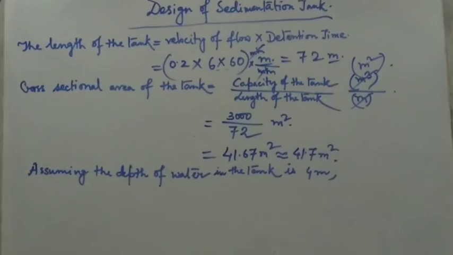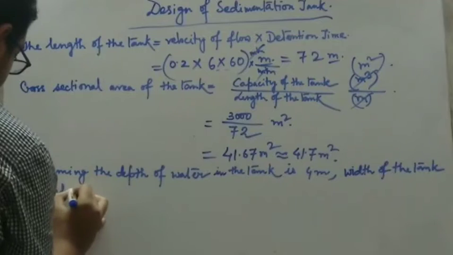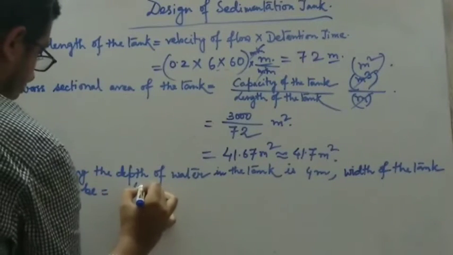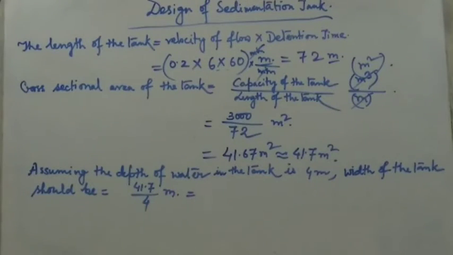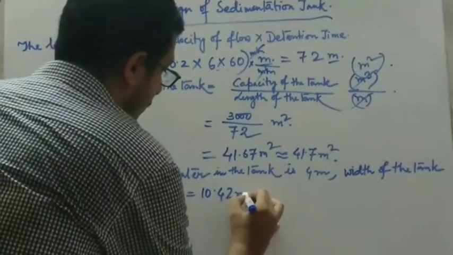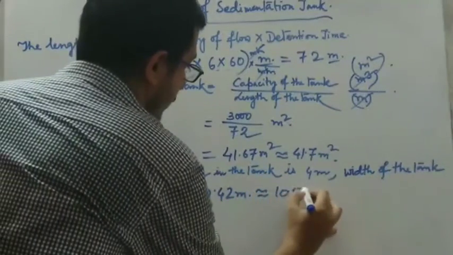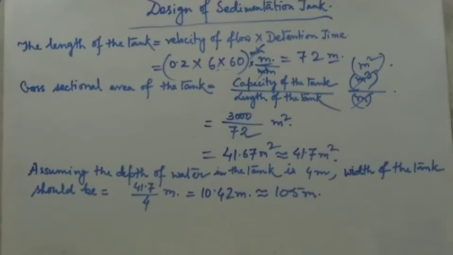So width of the tank should be 41.7 by 4 meter. So if we calculate this, we will get 10.42 meter, which is almost equal to 10.5 meter.